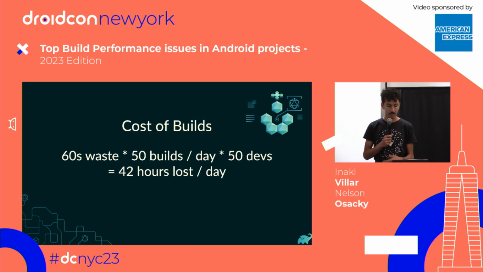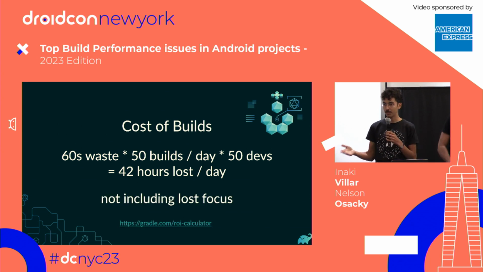Why is that? Well, let's say you have waste in your build. You have 60 seconds of waste in your build, and you do 50 builds per day, and you have 50 developers on your team. That is equivalent to 42 hours lost per day. And that doesn't include focus, right?